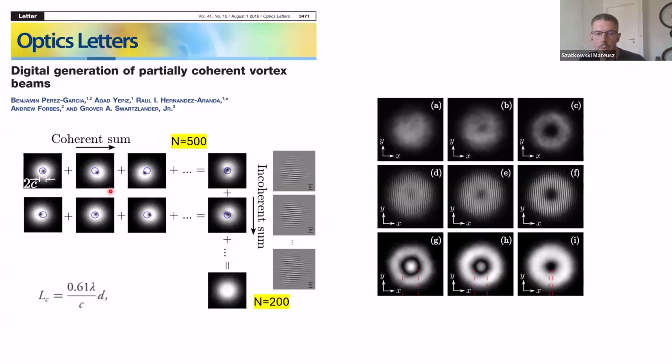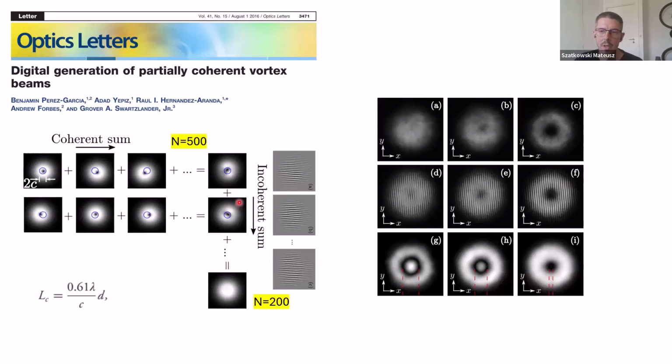And they do it for 500 instances. So 500 coherent summations of the randomly selected singular point, and that all goes to one hologram. So one hologram is the output of the 500 coherent summation of those fields. And they follow this scenario with the same parameters, generating 200 instances of such holograms.